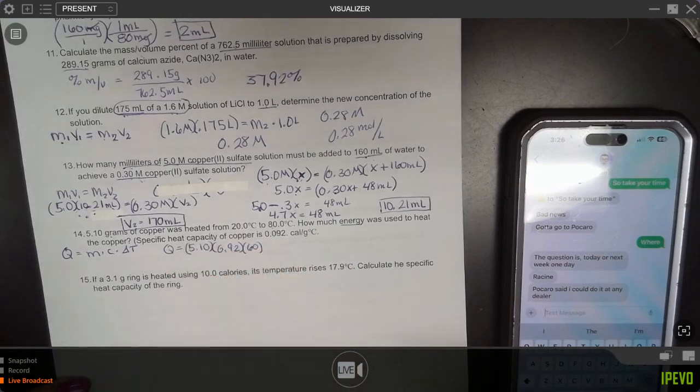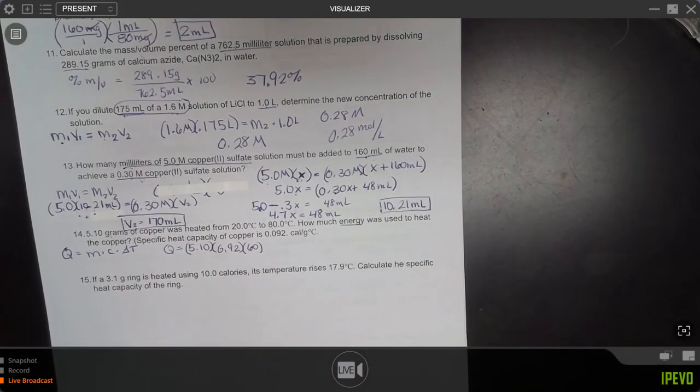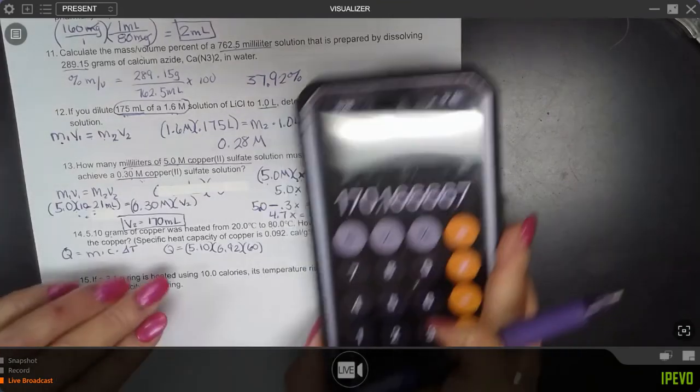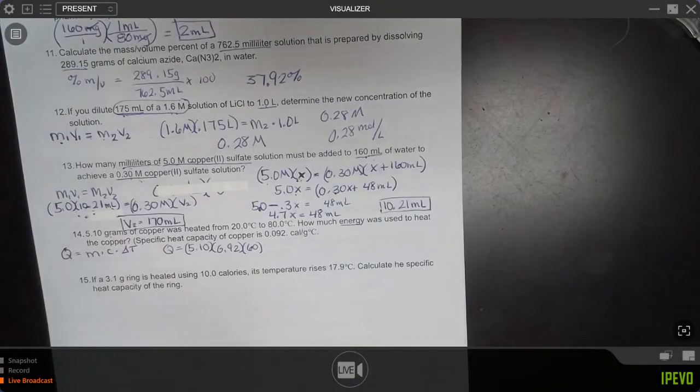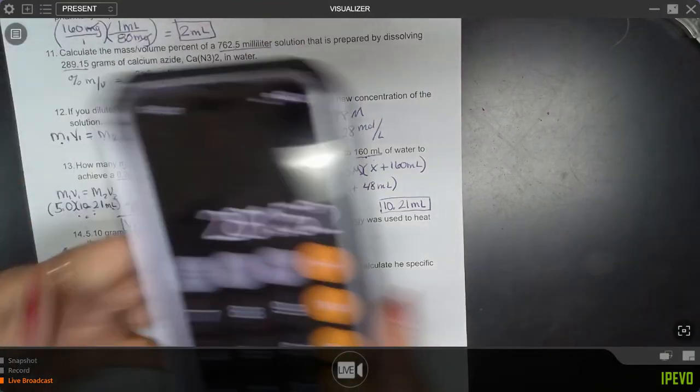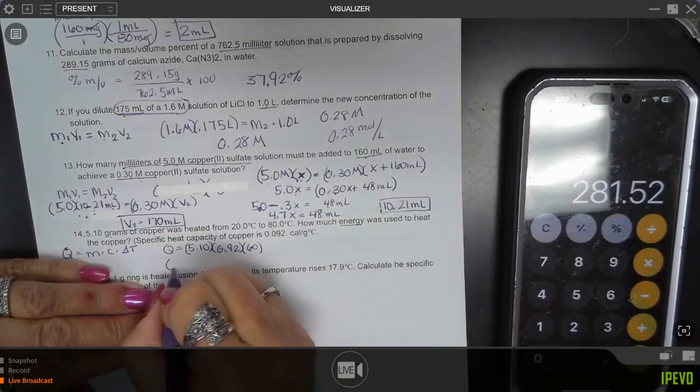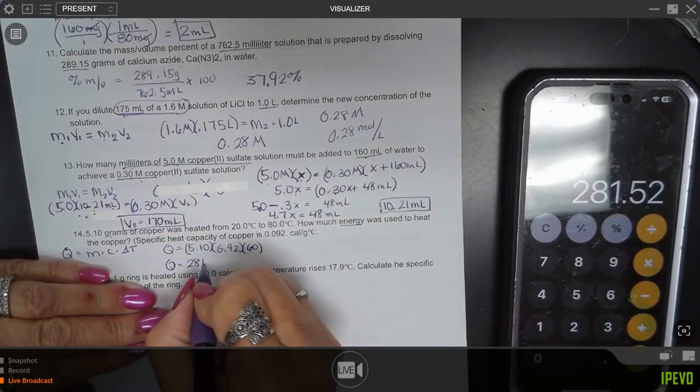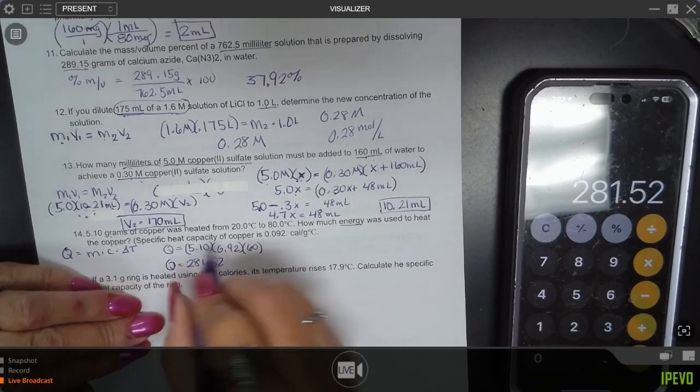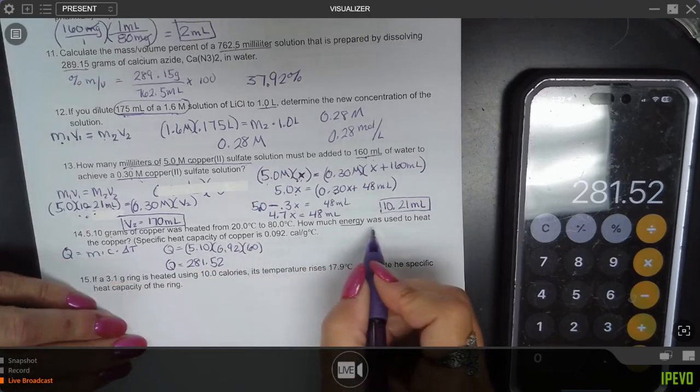All right. So let's just calculate that. 5.1 times 0.92 times 60 is 281.52. So Q is 281.52. What are our units of energy?